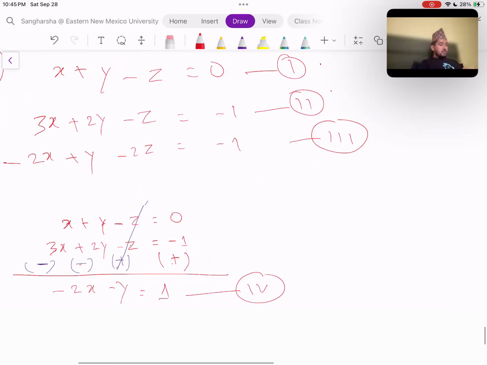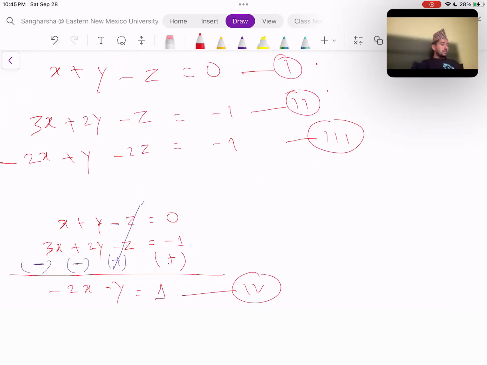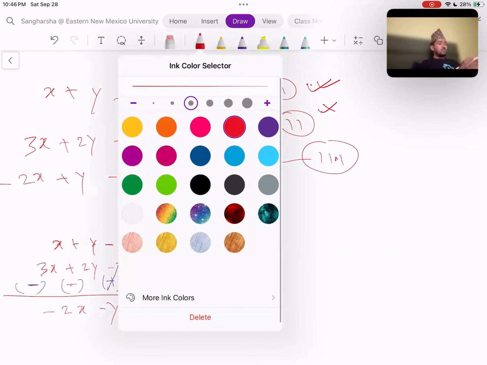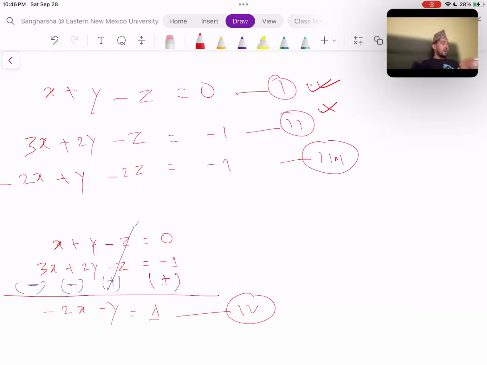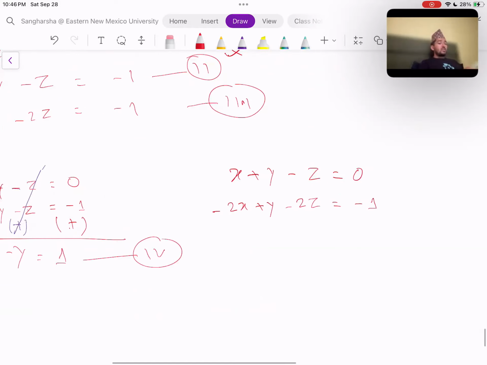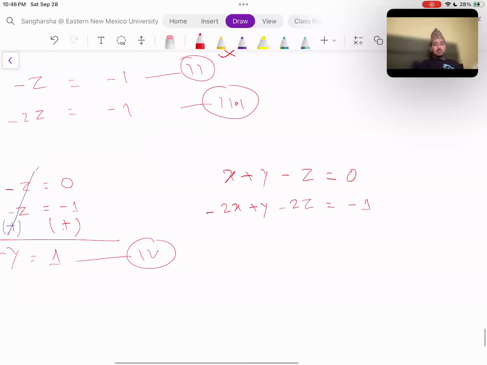Now, let me take the other two equations and eliminate the same z variable. I had 1 and 2, so let me take 1 and 3. You can take 2 and 3, it does not matter. So 1 is x plus y minus z equals 0. 3 is minus 2x plus y minus 2z equals -1. You already eliminated z, and now you should eliminate z again. You can't eliminate x and y.